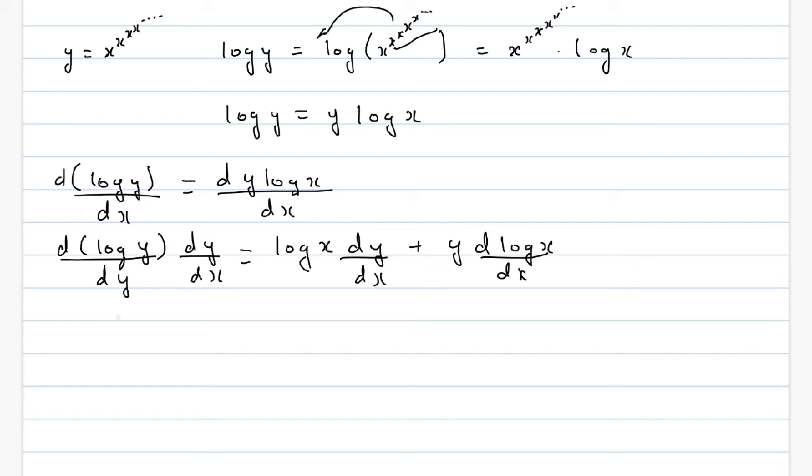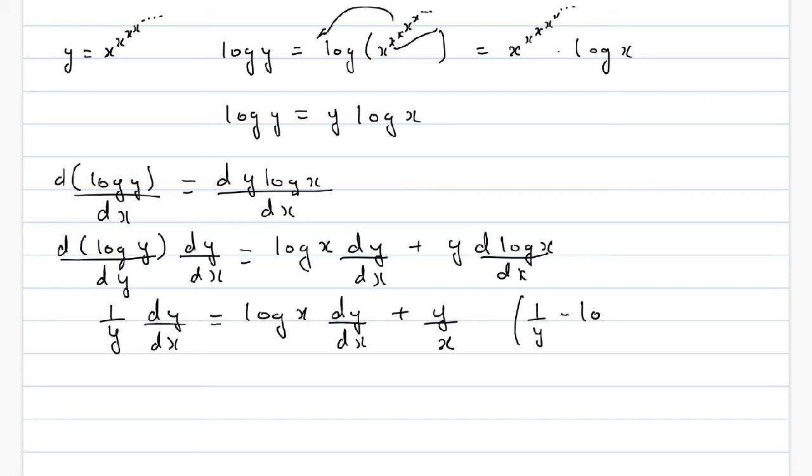Now here we get 1 by y dy by dx, and we get log of x dy by dx, plus here we'll get y by x. Now what we can do, we can take our dy by dx on the same side. So we'll have 1 by y minus log of x, dy by dx, give us y by x.